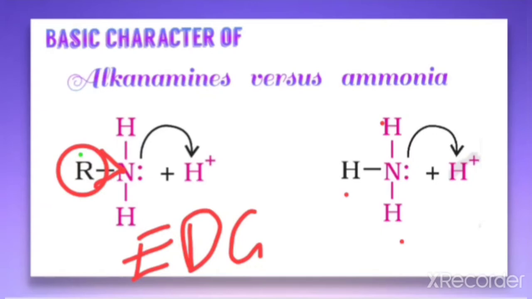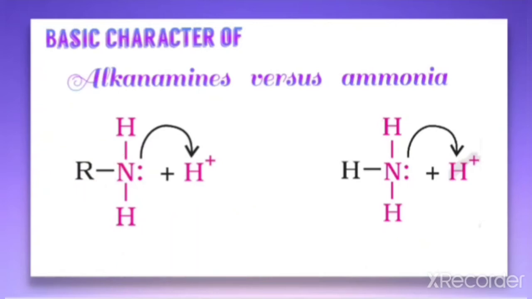That means due to the electron donating nature of the alkyl group, it pushes the electron towards the nitrogen and thus makes the unshared pair of electrons more available for sharing with the proton of the acid. So because of the presence of the alkyl group, which is an electron donating group, it makes the electron density on nitrogen more.